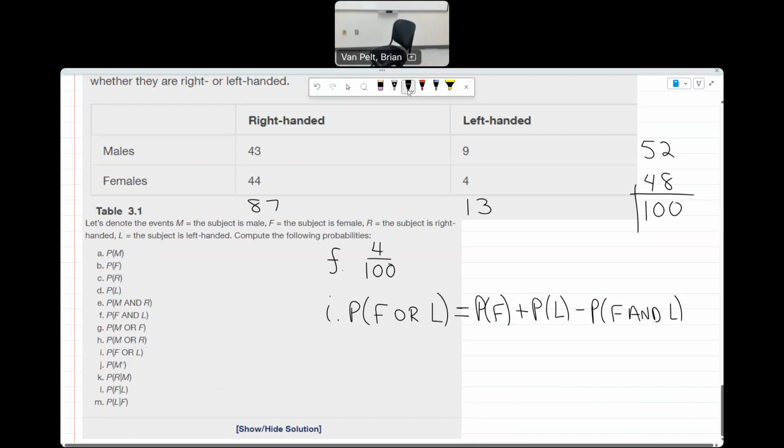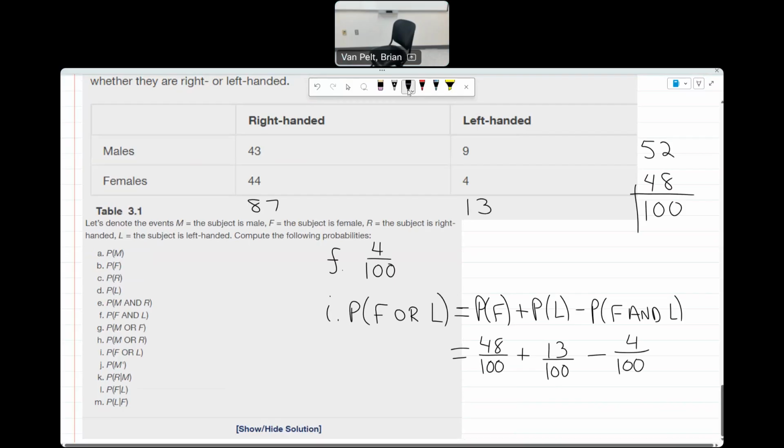Once again, there's our formula. The probability of just being female is 48 out of 100. Then we have the probability of being a lefty. How many is that out of 100? 13 out of 100. And then we just did the one being female and left-handed. You simply look at the intersection between the row and the column: 4 out of 100.